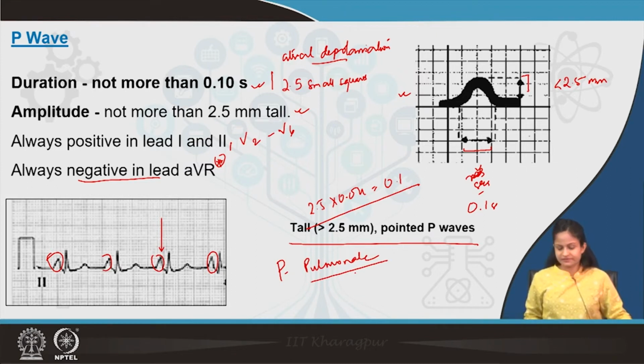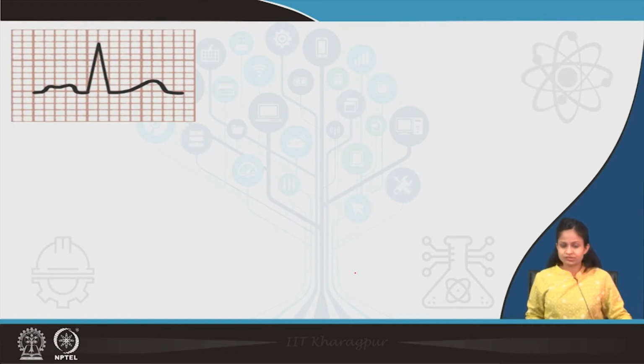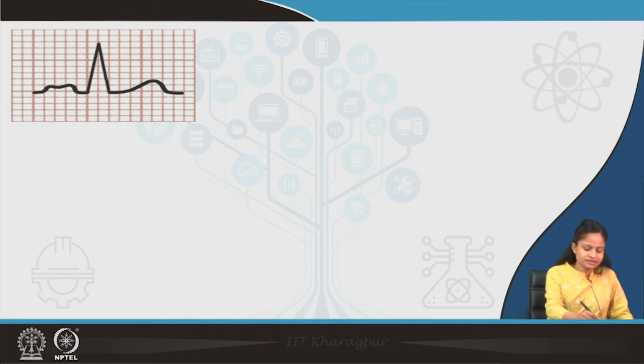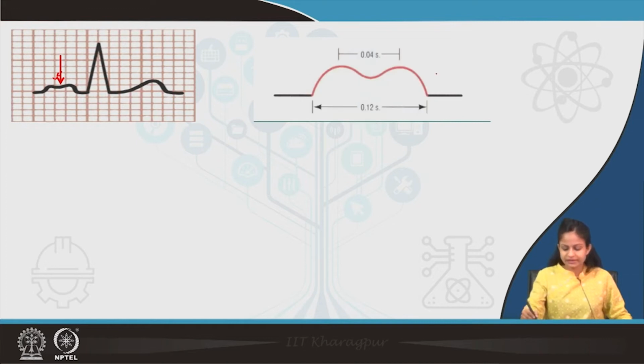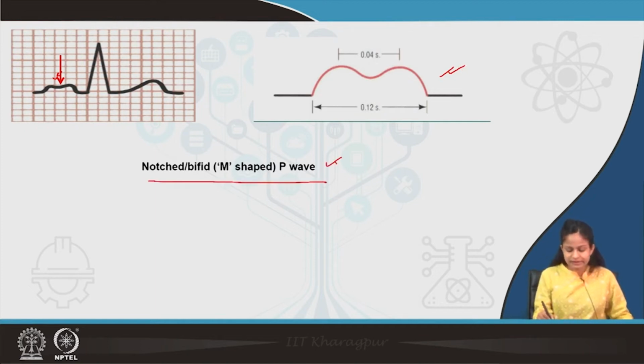Pointed peak P waves. In case of left atrial hypertrophy, we get a different type of P wave. This P wave has a notched or bifid appearance, a bit M-shaped. This is the M-shaped P wave, where definitely the duration has been prolonged, and the peculiarity is it is bifid or notched.